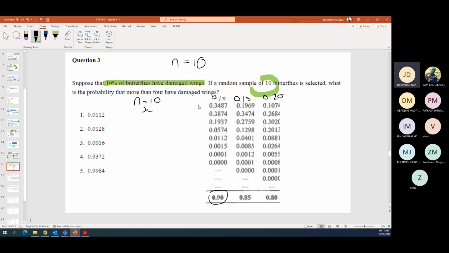So that would still be x0, x1, x2, and we will count down to where we need to be. Suppose 10%, we've got that, and we've got the n of 10, so let's just show it on the table.